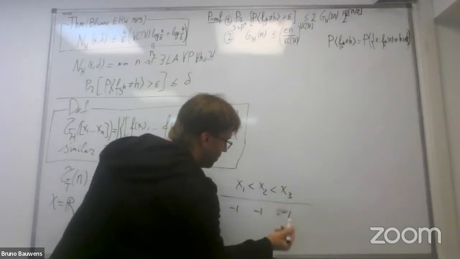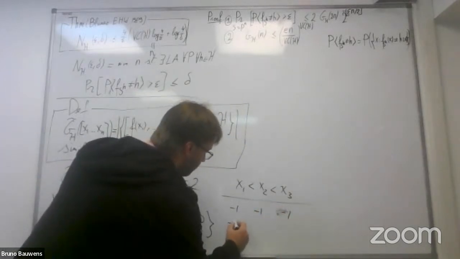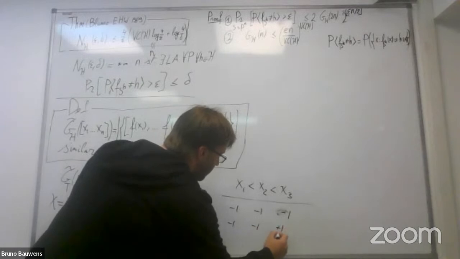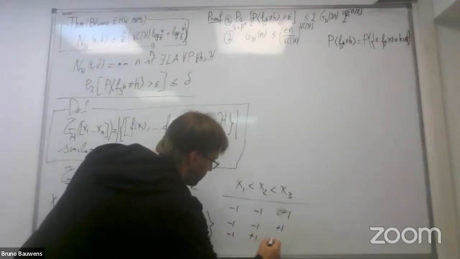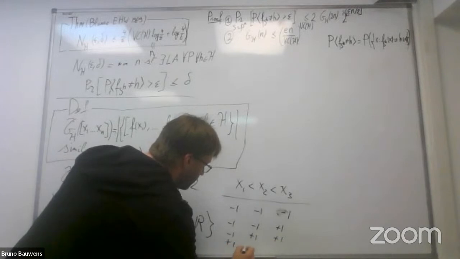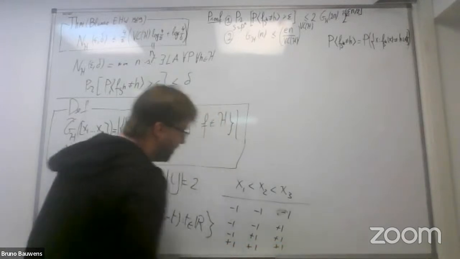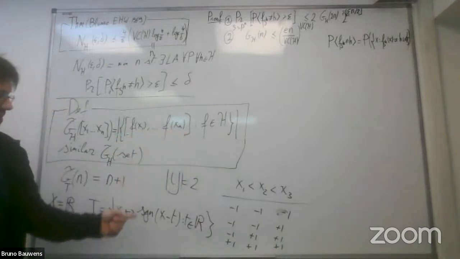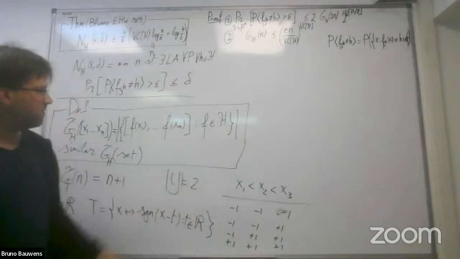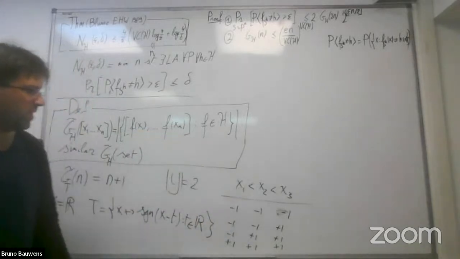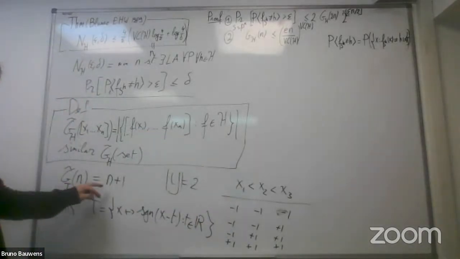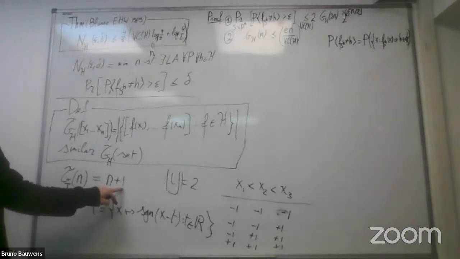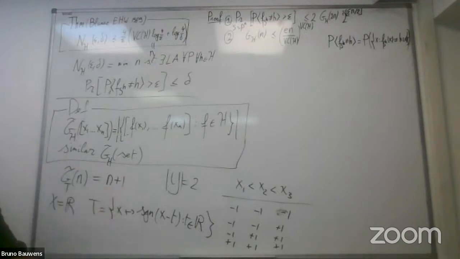If the threshold is more than the 3 points, then we have -1, -1, +1, then -1, +1, +1, and +1, +1, +1. These are the values for the sequence. So these are possible values when we apply threshold functions to 3 different points. So here we see if n equals 3, we can create 4 different sequences of values. Okay, so this is the growth function.